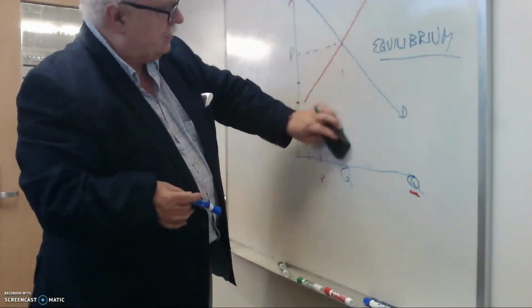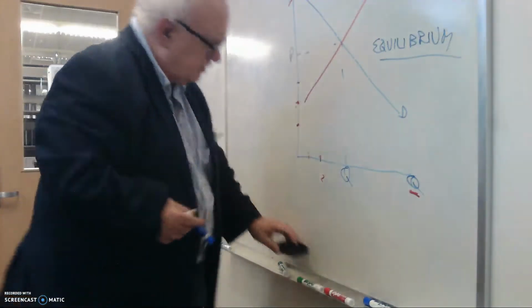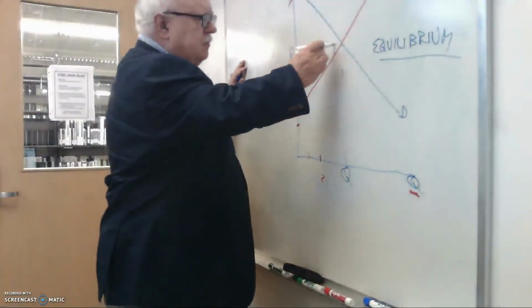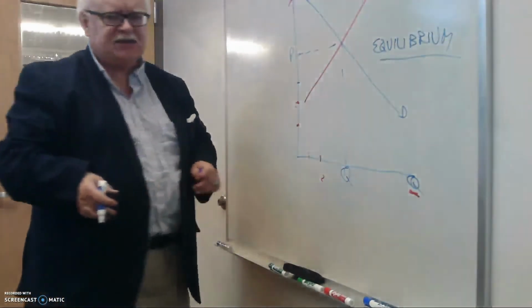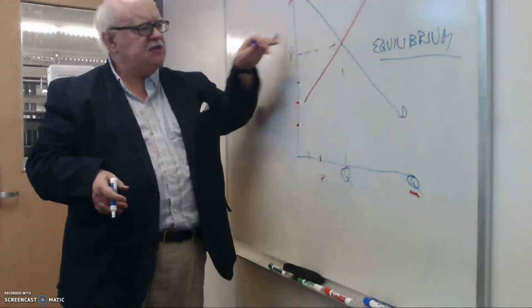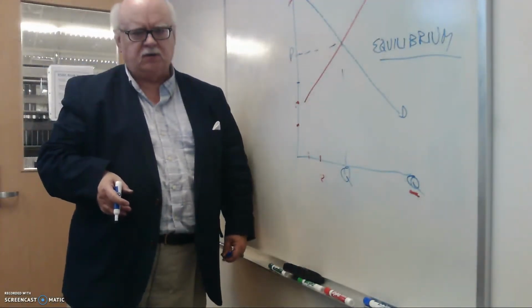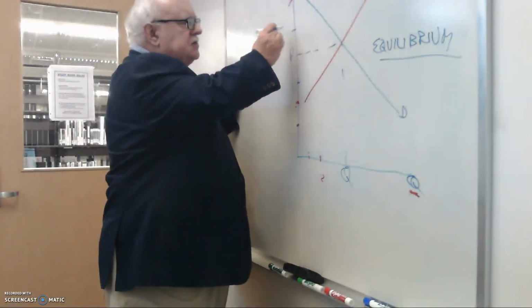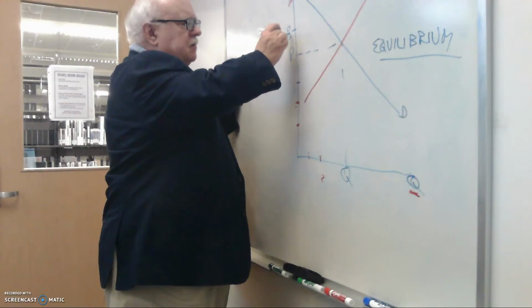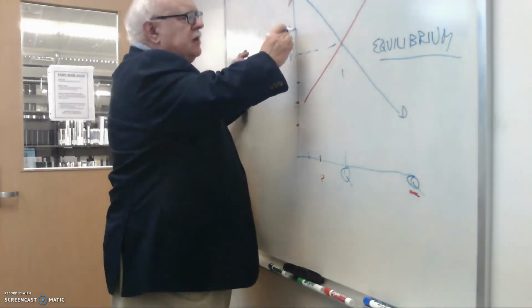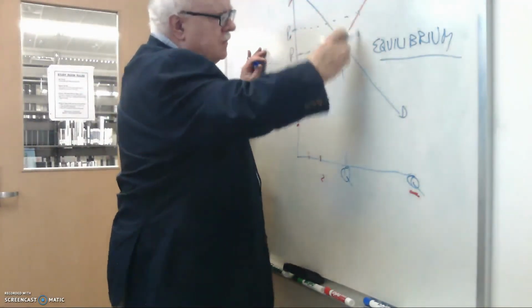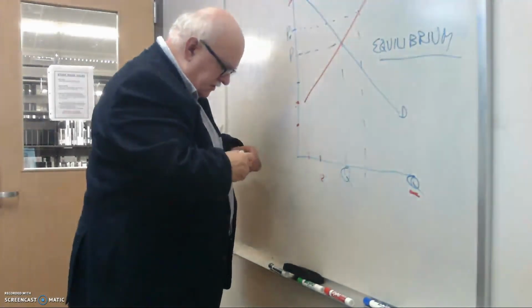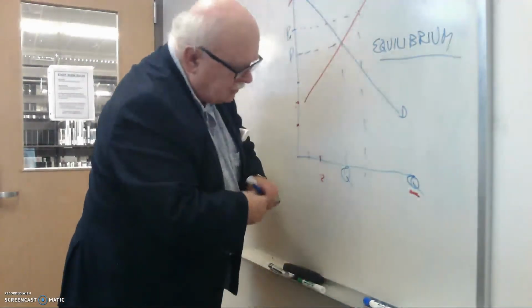Well, I'll keep this equilibrium point here, okay? Let us say that the suppliers guess wrong on the price that will sell out. So they put this higher price here, okay? And being a higher price, they put this much on the market.